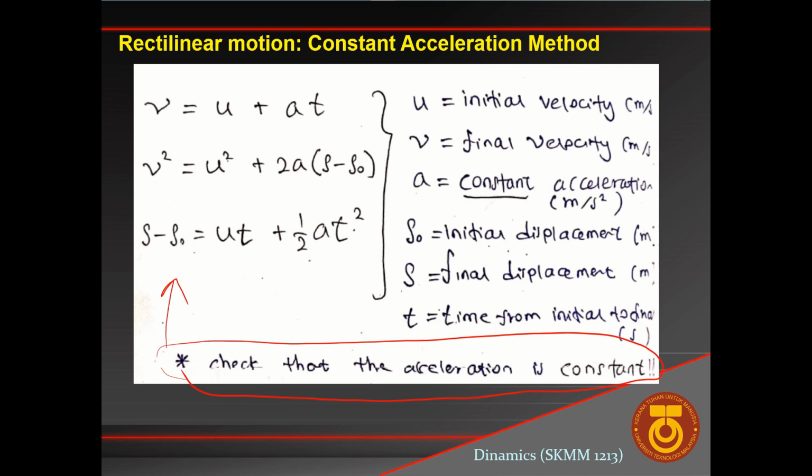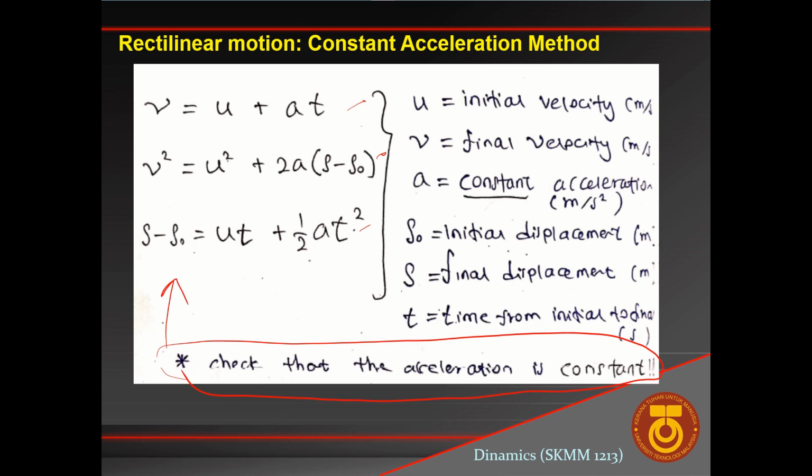If the acceleration is constant, you can use these three equations: v equals u plus at, v squared equals u squared plus 2a(s minus s0), and s minus s0 equals ut plus half at squared. So what are u, s0, and so on? u is the initial velocity.